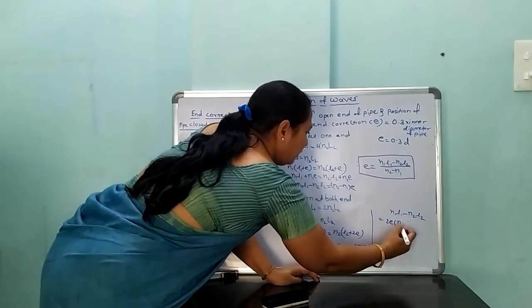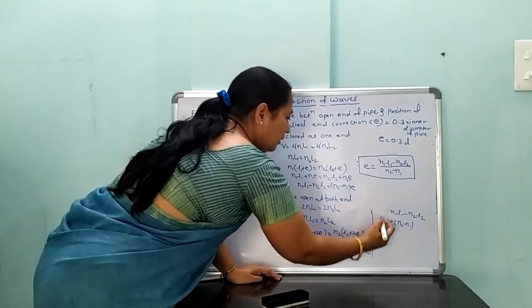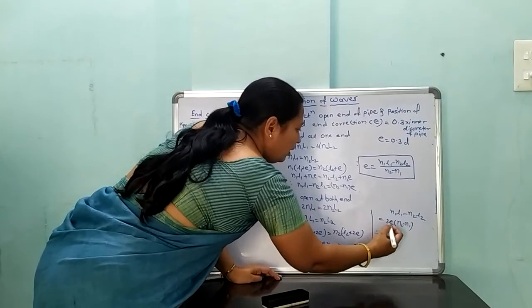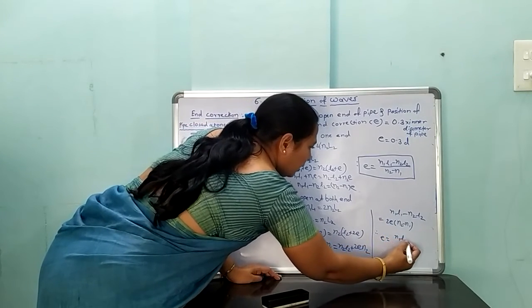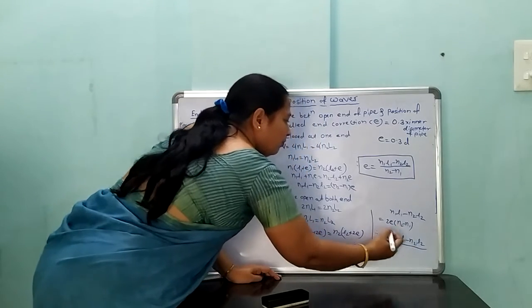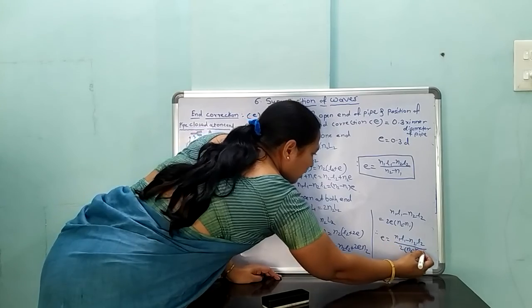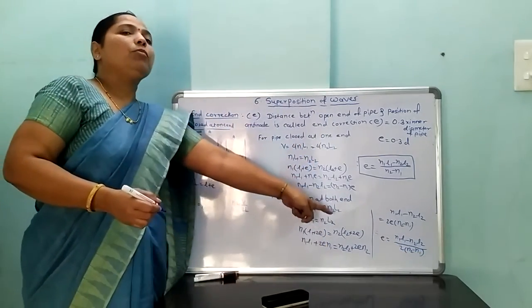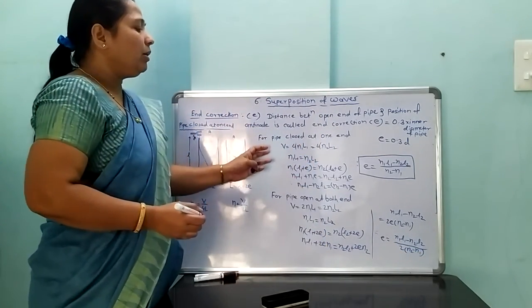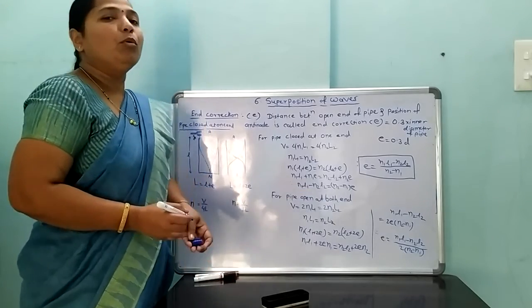Therefore, the end correction factor E is equal to N1L1 minus N2L2 upon 2 in bracket N2 minus N1. That formula can be used for calculating the end correction of a pipe open at both ends.